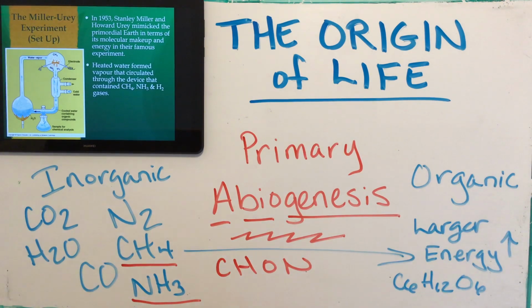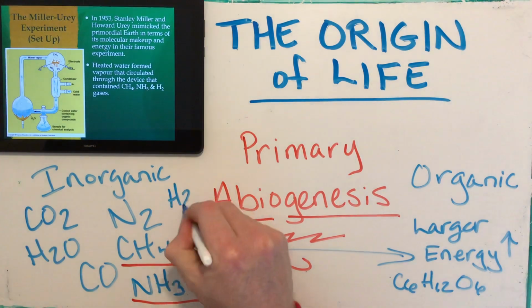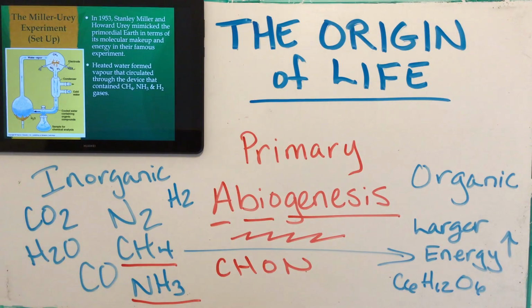It's another inorganic molecule, so H2. And of course, they had the water circulating. So if you look at it, between these four underlying substances, I've got my C, I've got H in all of them, I've got O in my water, and I've got N from my ammonia. So I've got all four of the big building blocks circulating around this device.